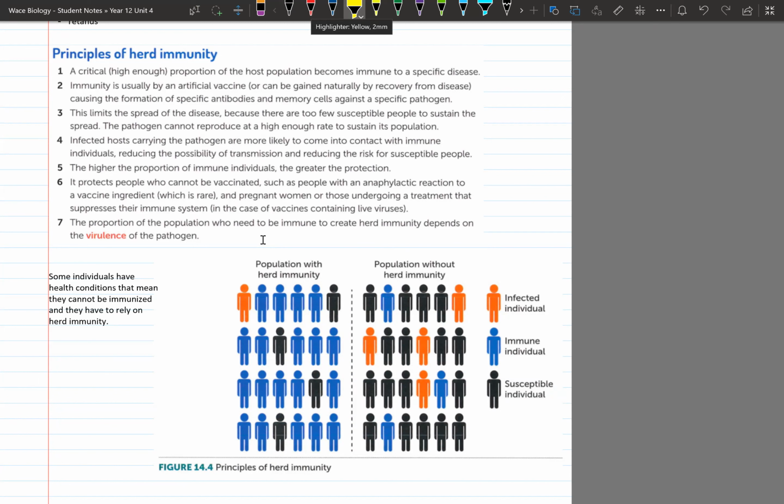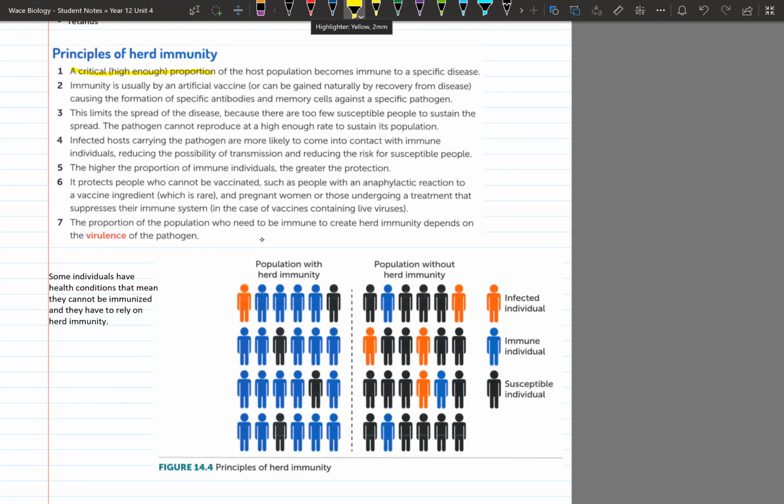In terms of principles to start herd immunity, you need to have a population high enough in terms of proportion for this to actually function. If you see in this graph here, the orange individuals are those that are infected, blue are immune naturally, and black are susceptible individuals.